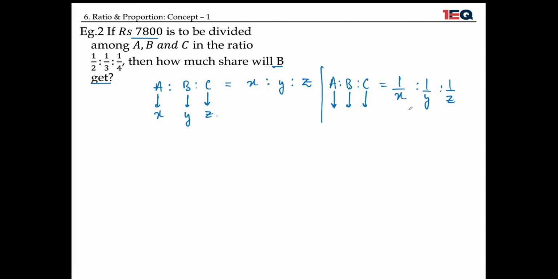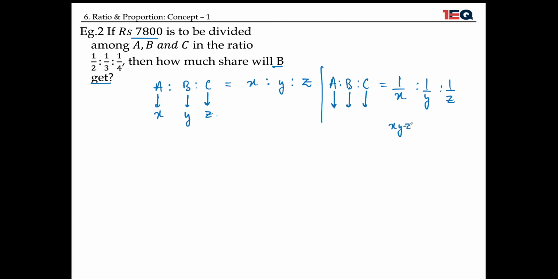There is a reason to it, and the reason is that these are inverse ratios. You first need to have an LCM of them, and then repopulate the numerators, and then you'll get the absolute value. So what do I do to do that? I need all the ratios to be only in the numerator. For that, I would take an LCM of x, y, z, which is automatically equal to xyz.